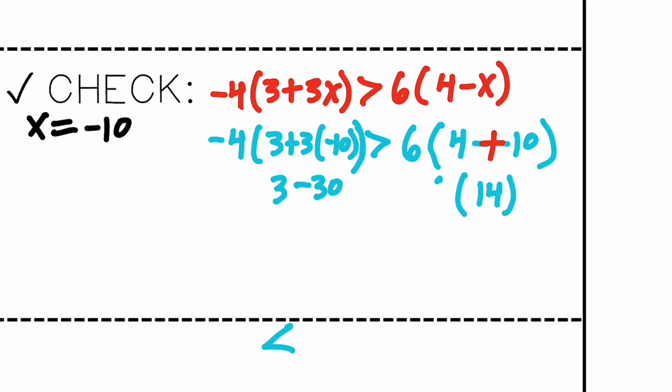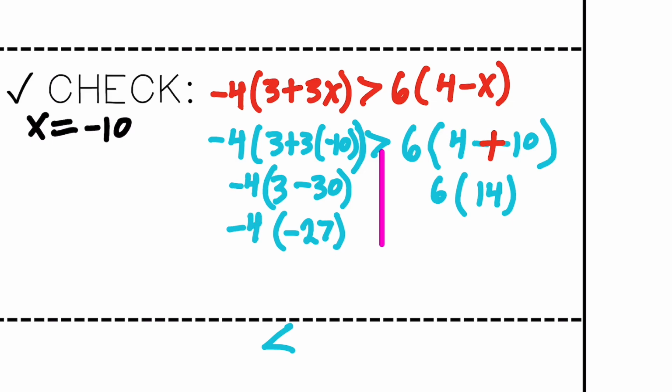So we have 6 times 14 on the right. And let me split this up. 3 minus 30, this is still inside of parentheses. 3 minus 30 is going to be negative 27. And so we have negative 4, which just falls down here.